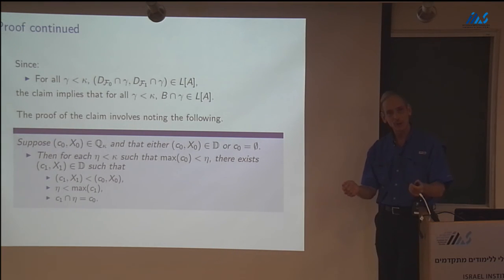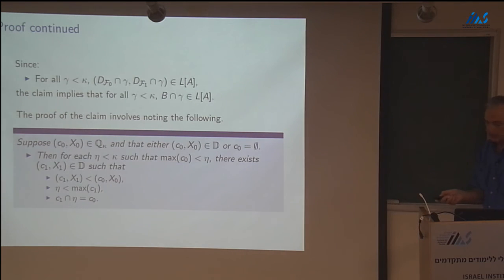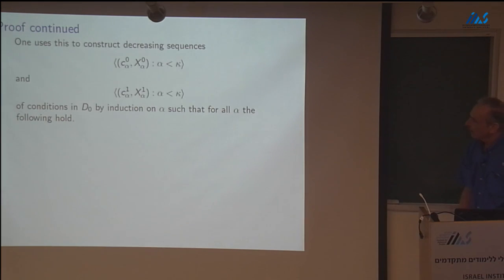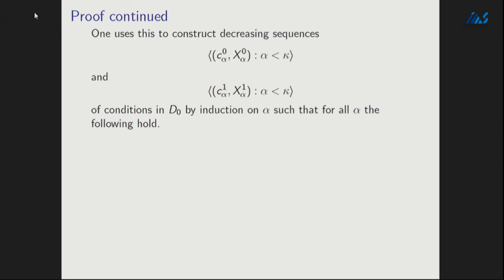Well, that's exactly what you want, because now I'm going to build my two generics and hand back and forth and make sure that things are getting disjoint intervals except at limit points. Okay, so one uses this to construct decreasing sequences of conditions. The upper index indicates the 2, such that for all alpha the following hold.